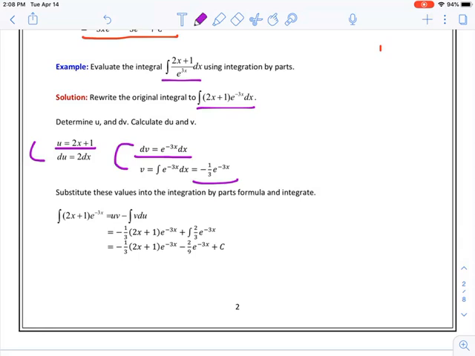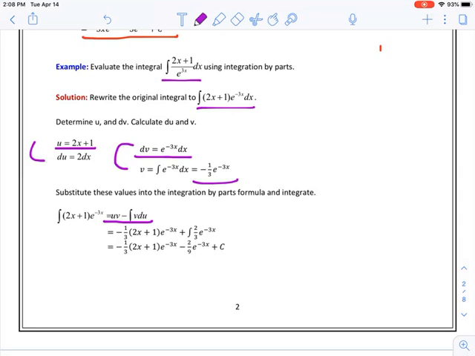We then put those together into our formula, uv minus the integral of v du. So u was 2x plus 1. The v is negative 1/3 e to the negative 3x. And again, I like to put the negative 1/3 out in front, then the algebraic part, then the exponential part.